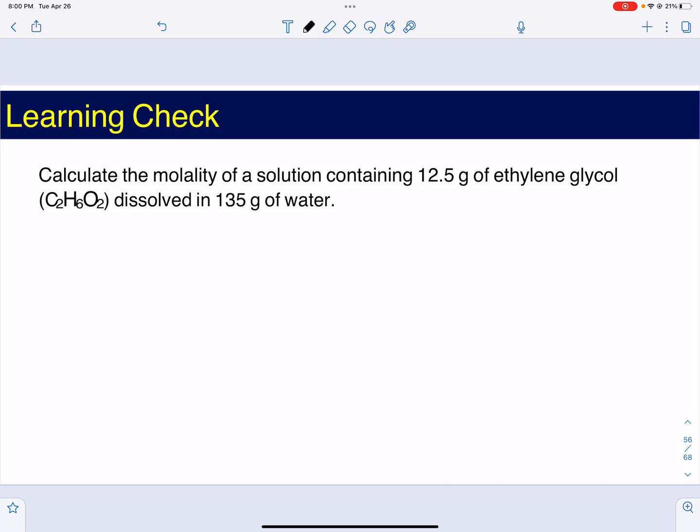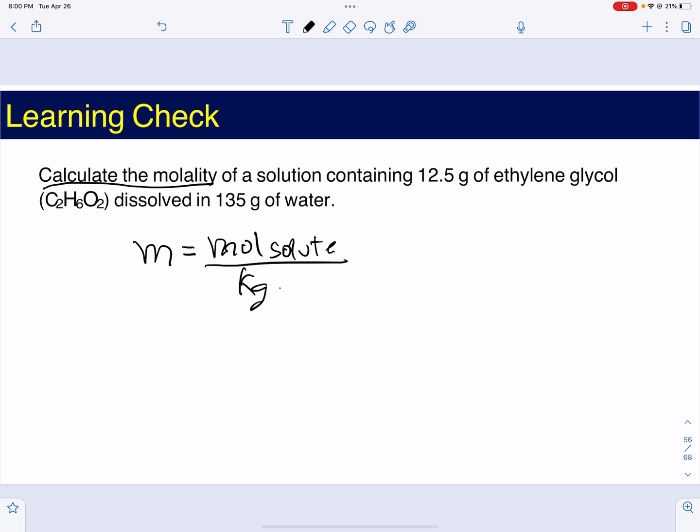So how do we do a problem like this? We are to calculate the molality. So we know that molality equals moles of solute over kilograms of the solvent, just like I said a few seconds ago. In this case, we have two quantities.